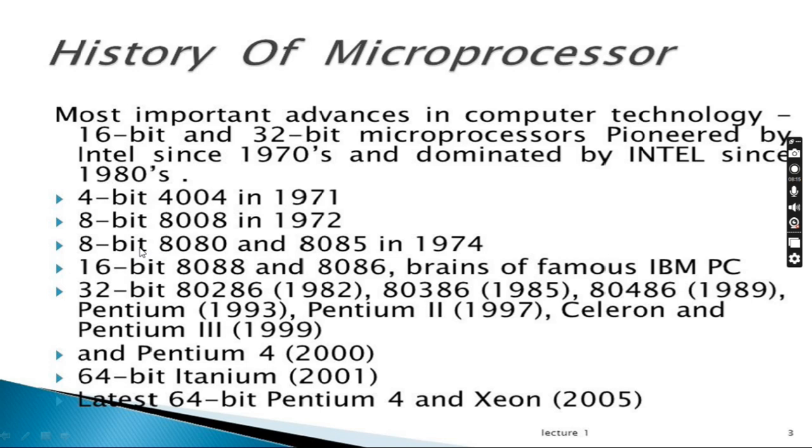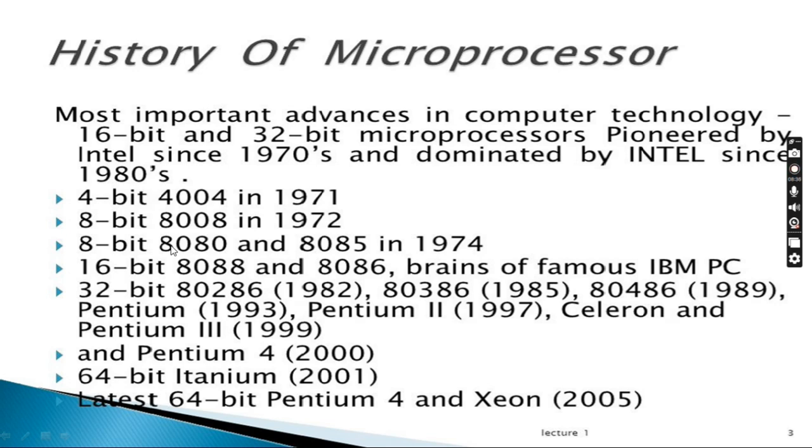Still the 8-bit data we can process, but if you want to go for a higher amount of data, we require more time. So if you want to process 16-bit data, we require 2 cycles to complete one transaction.